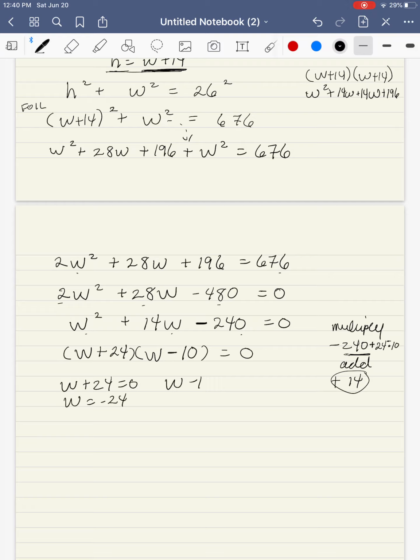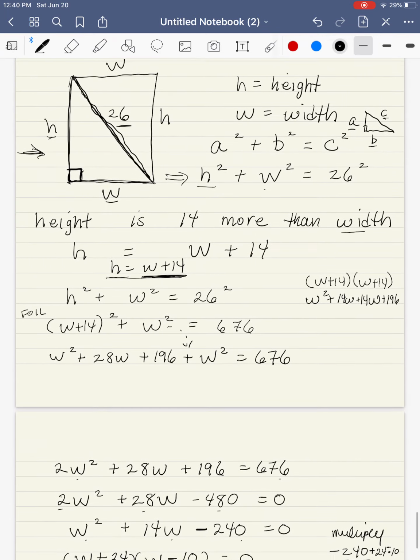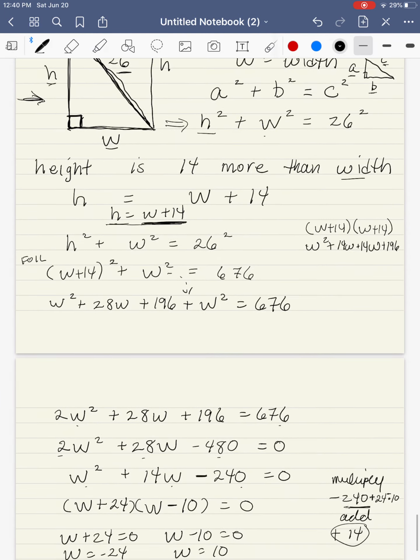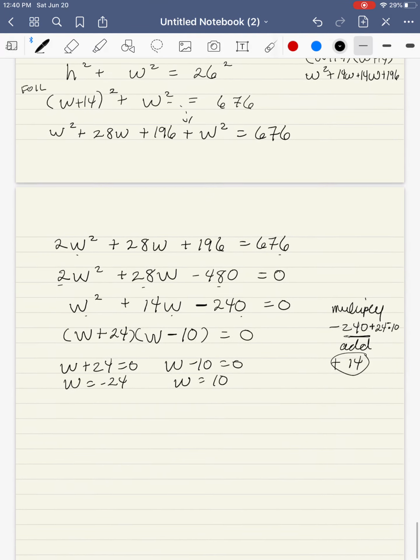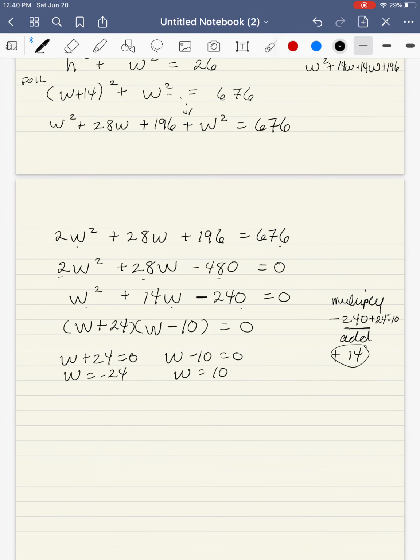And then I can set each of those equal to 0 and solve for w. And now think back here. We're looking at a poster here. So w has to be a positive number. It cannot be negative 24.